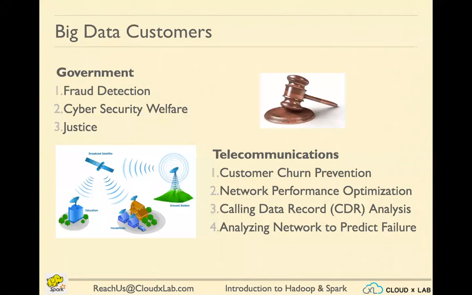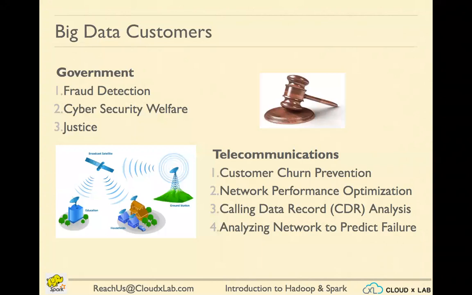Then calling record analysis: if we want to understand user behavior, to some extent, we want to analyze threats and terror activities, we might do an analysis of calling records. So that's the third use case in telecom. The fourth one is analyzing the network to predict failure, which is actually a very good use case.